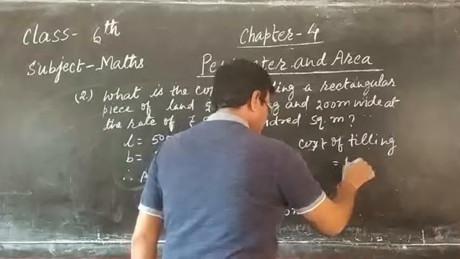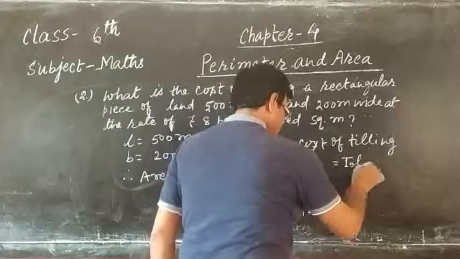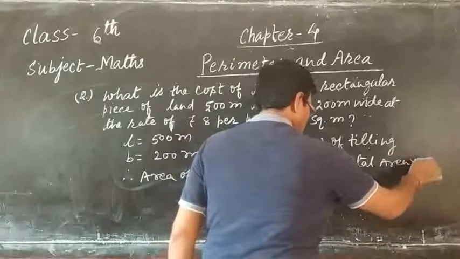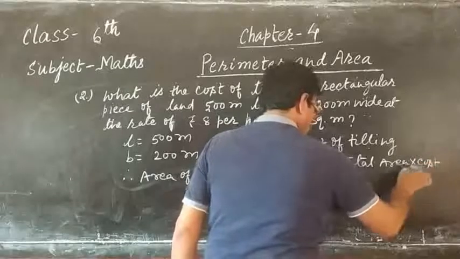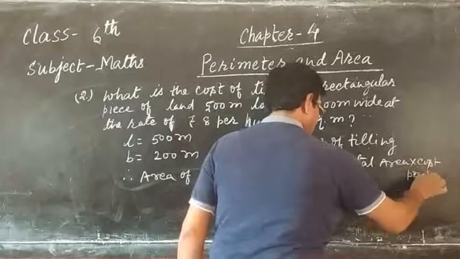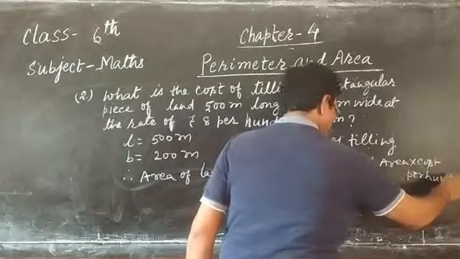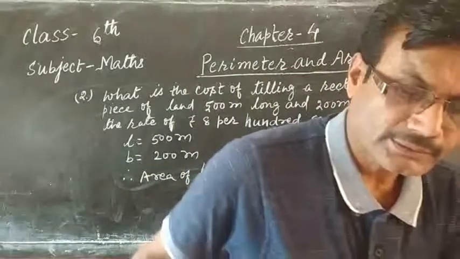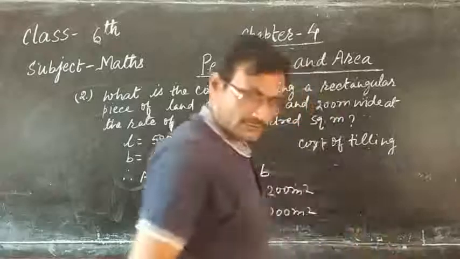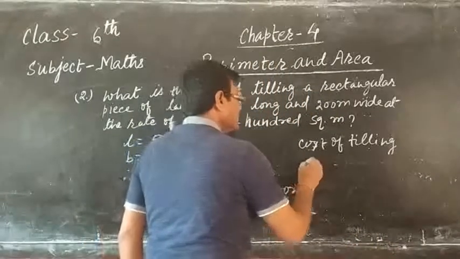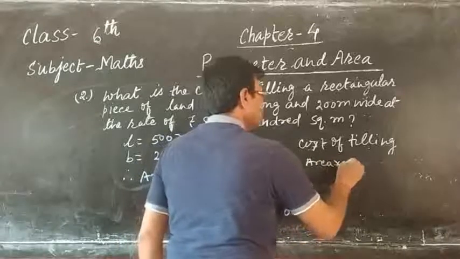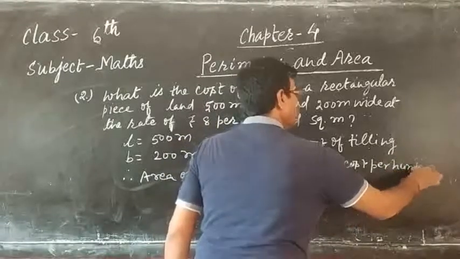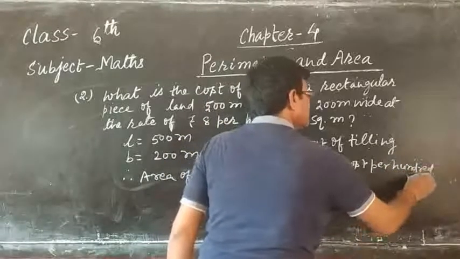So we write total area into cost per 100 meter square.